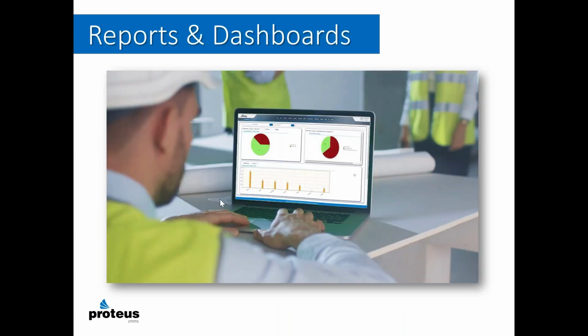We can talk about different reports and dashboards. Everybody wants to see things summarized so that they're easy to review. And of course, Proteus has a significant number of KPIs relating to the system. We have things like how many PMs versus DMs did I do, how many PMs are on time and complete, and how many are overdue.